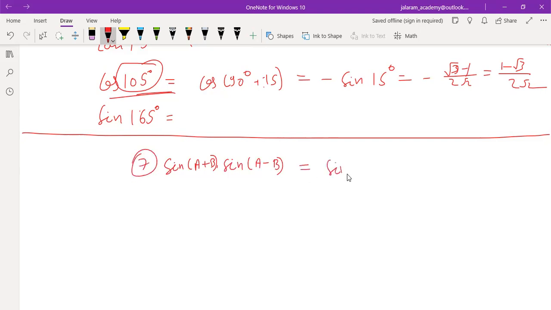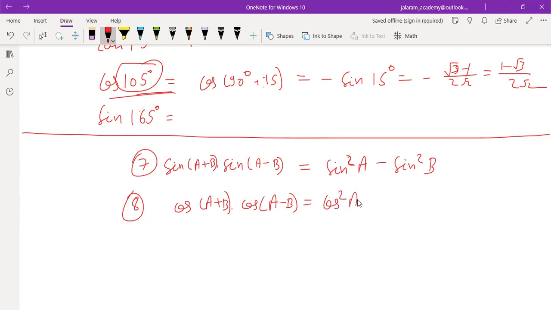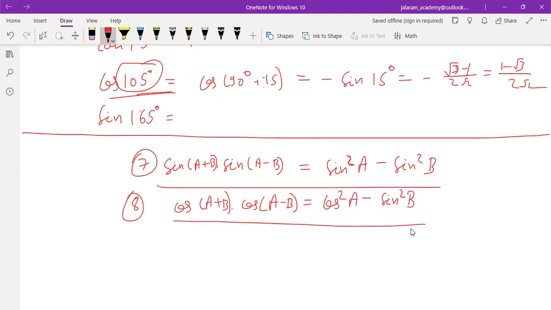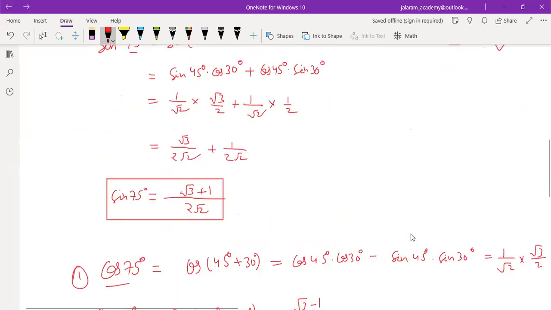It is equal to sine square A minus sine square B. And one more formula is there. Cos A plus B into cos A minus B. So it is equal to cos square A minus sine square B. So learn these two formulas also. They will also be used in solving the questions of compound angles.